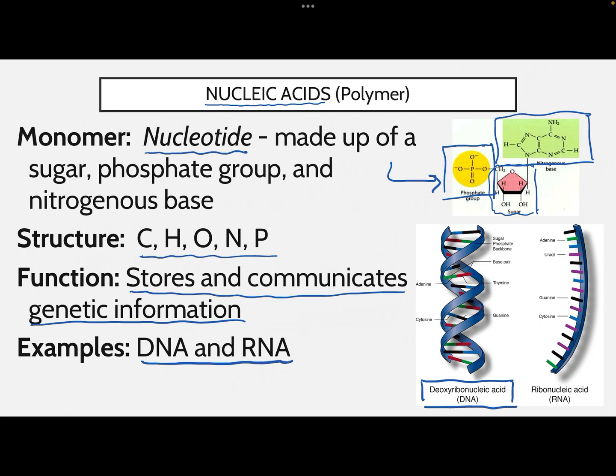When that information needs to be used in a cell to do stuff, and we will talk about this, but not until later in the year, then RNA is used to communicate the information that is in the DNA to the other parts of a cell. And both DNA and RNA are made up of incredibly long chains, millions of nucleotides hooked together in long chains.